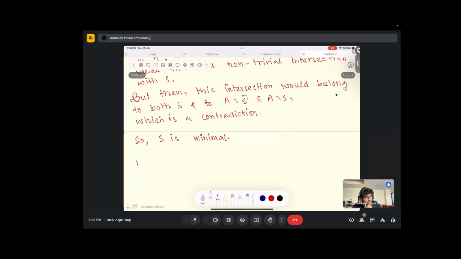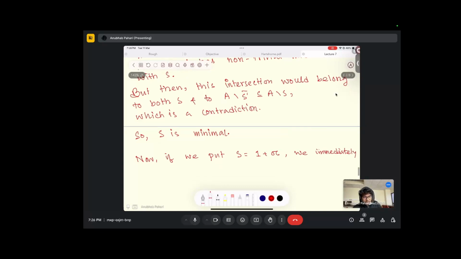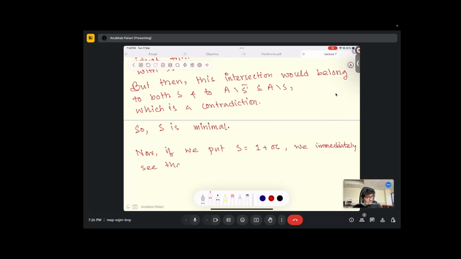Now to the last question. If we put one by m, we immediately see that if and only if m plus a equals 1.